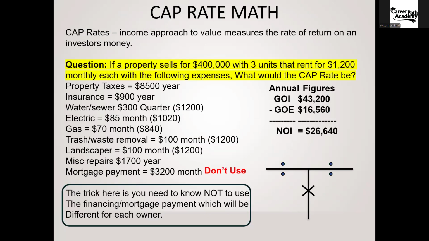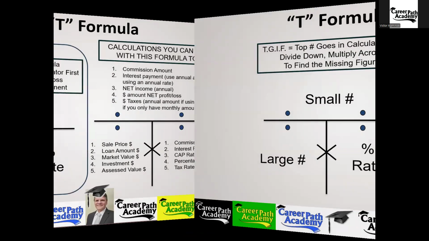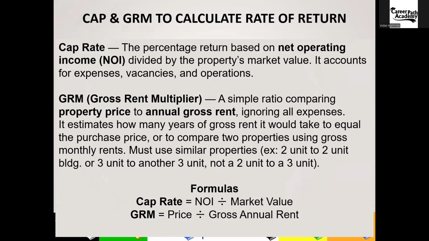No, all the way on the bottom where it says formulas. It says GRM equals price divided by gross annual rent.